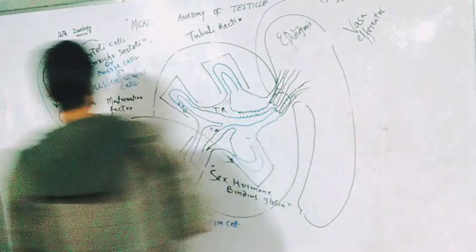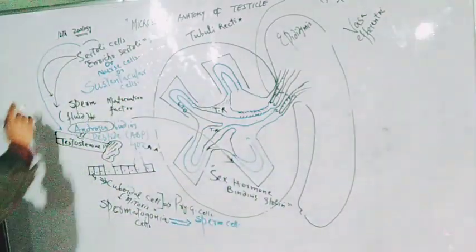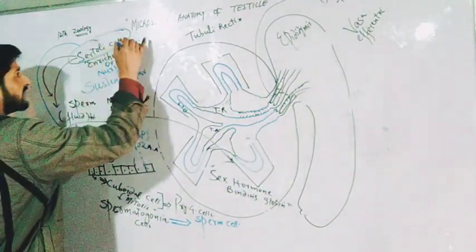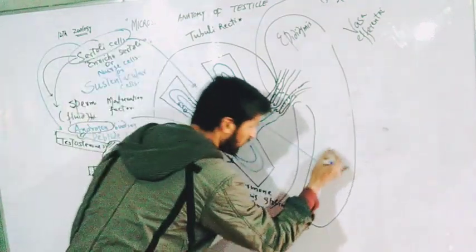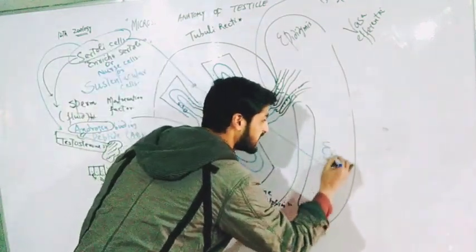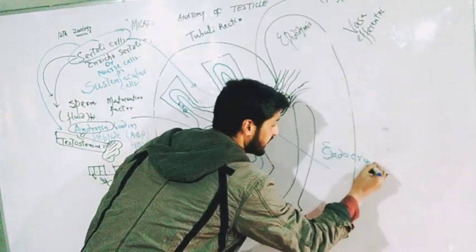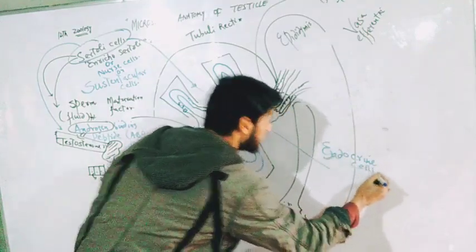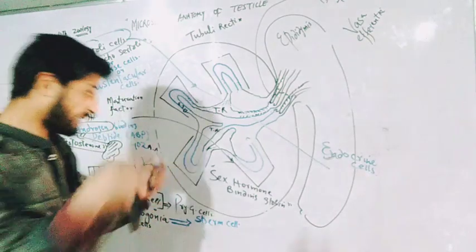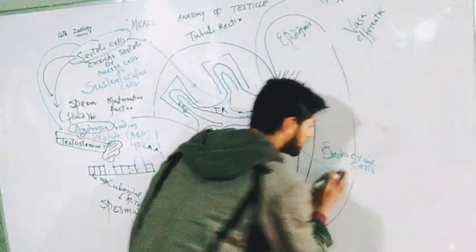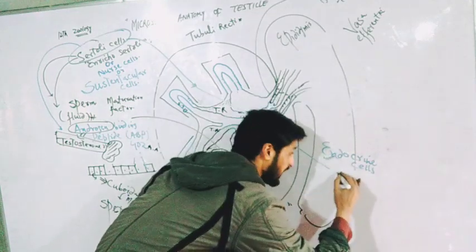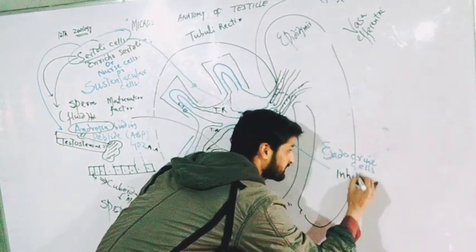The third point is that Sertoli cells also act as endocrine cells. When I say they act as endocrine cells, we will study a special type of factor called inhibin.